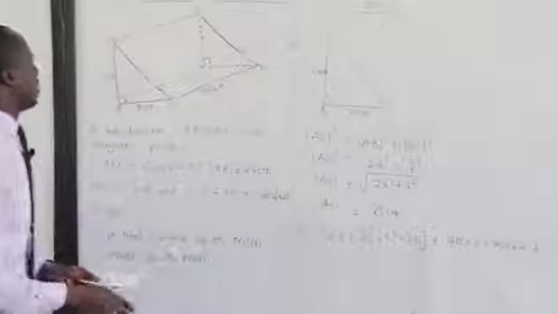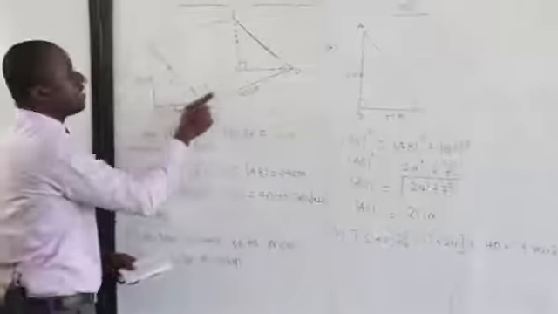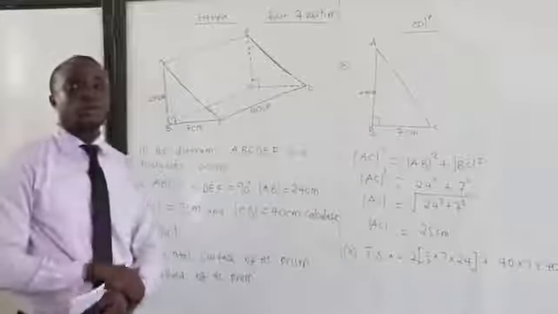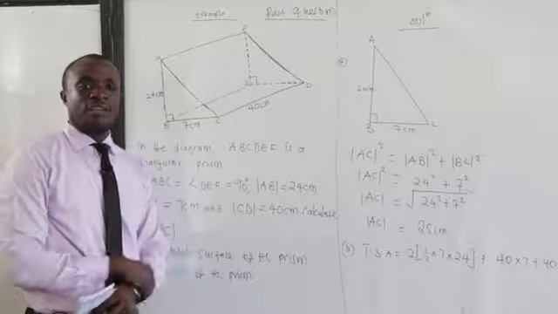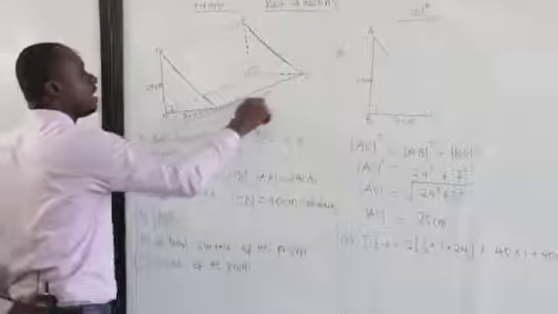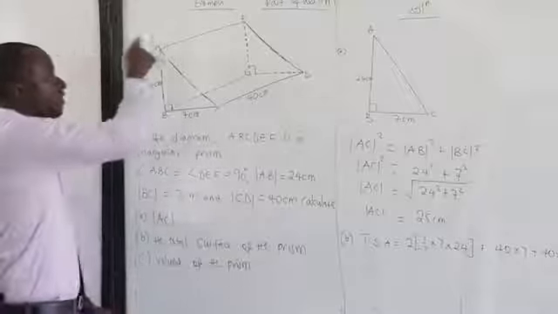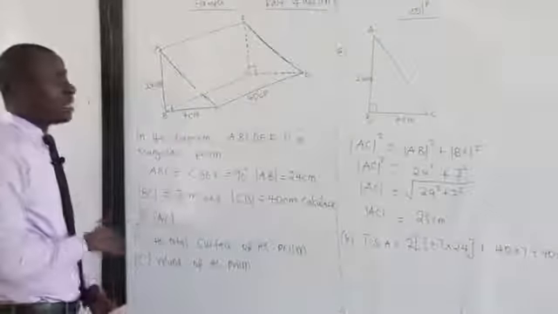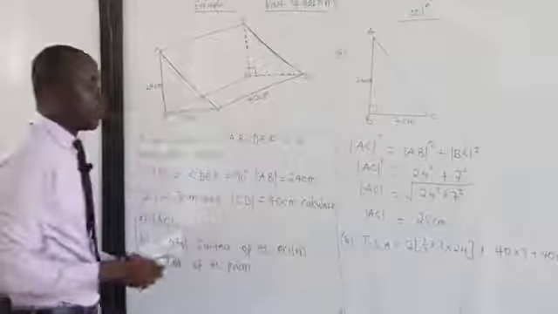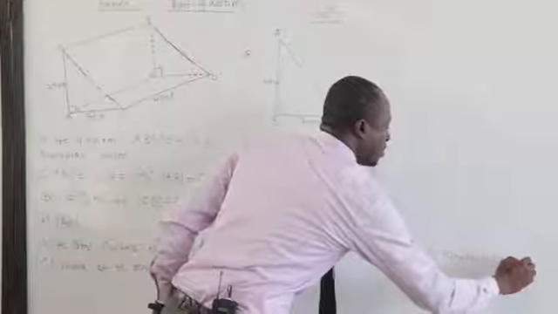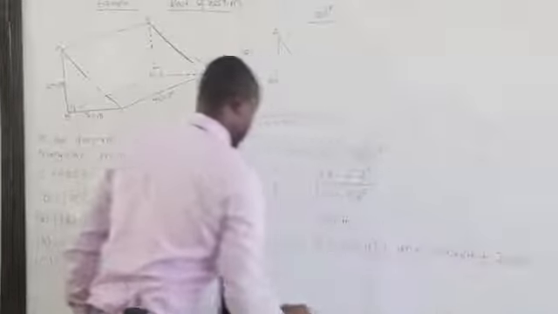We are not done. Now let's consider ACDF. ACDF is also a rectangle, and with the same approach, that is the length times the breadth. Clearly we know that the length is 40, but then the breadth is the AC that we found first, which is 25. So the last one will be 25 times 40.